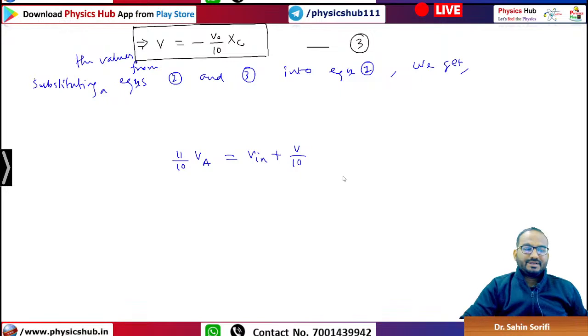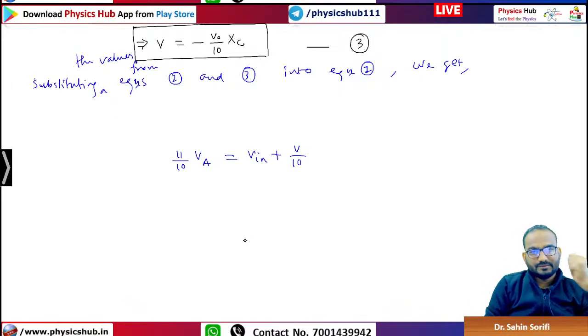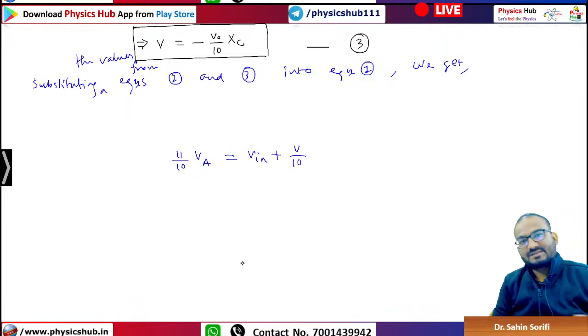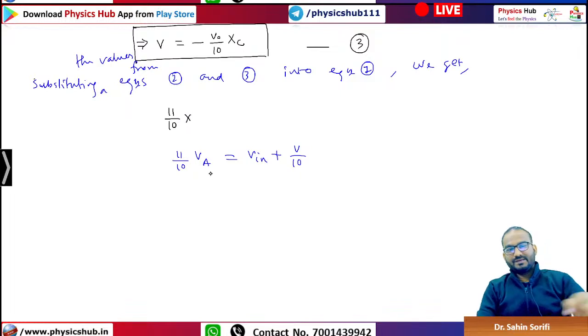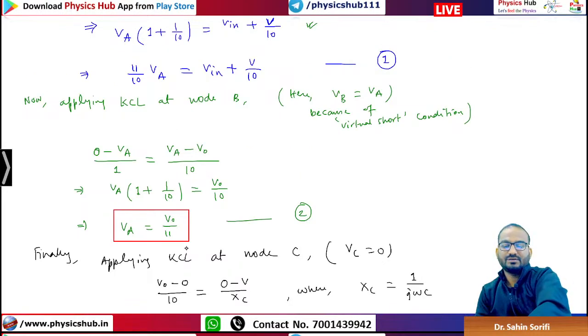(11 by 10) VA is equal to V in plus V by 10. So 11 by 10 VA is V0 by 11.